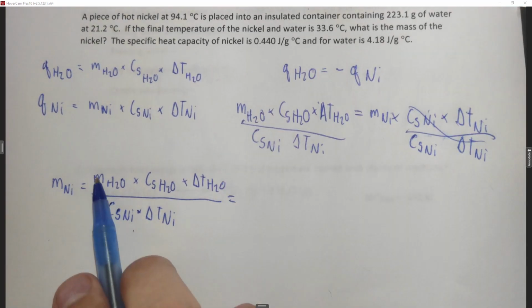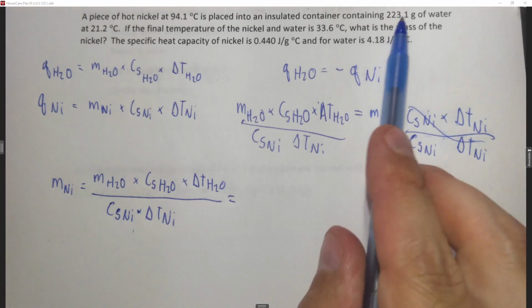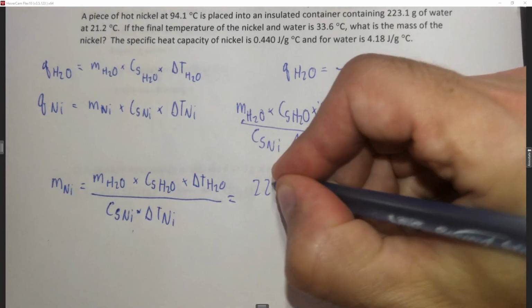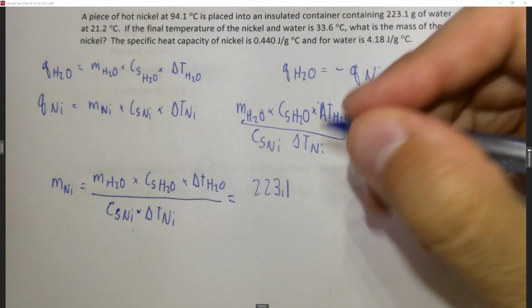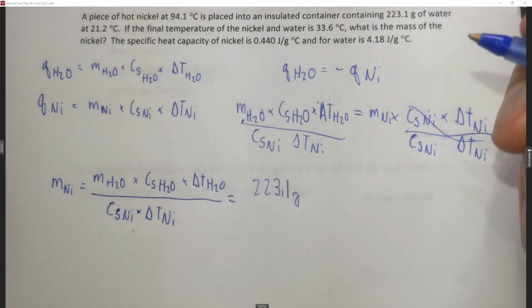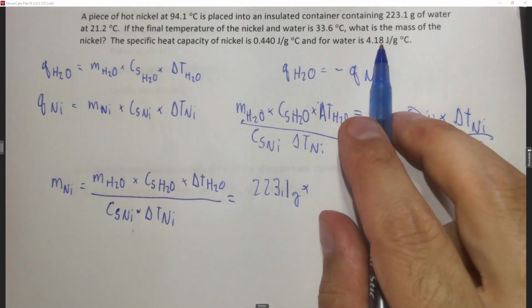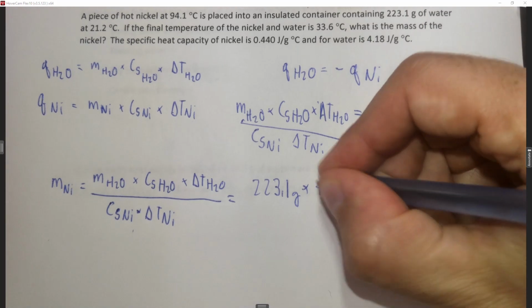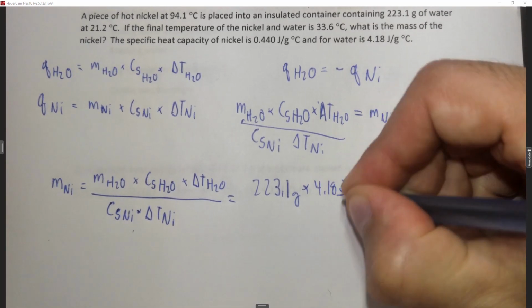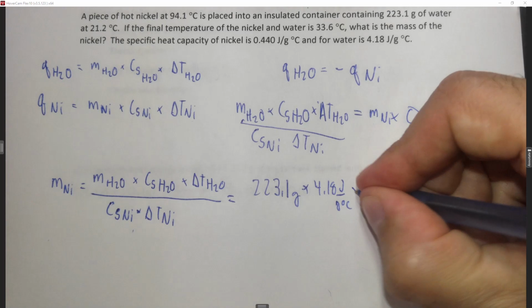So when we do this, the mass of the water is given to us, 223.1 grams of water. The specific heat capacity of the water is given to us, 4.18 joules per gram degree C for the water.